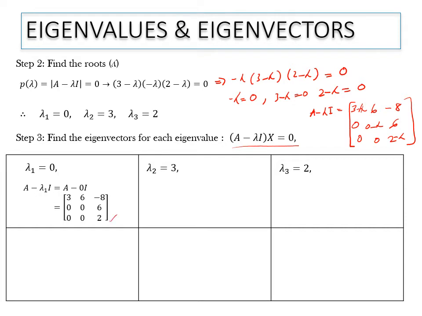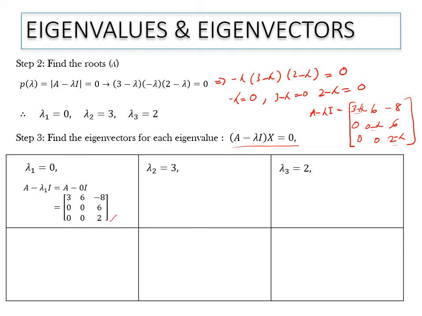For lambda 2 equals 3, we substitute lambda equals 3 here, and we get 0, 0, negative 3 and negative 1.